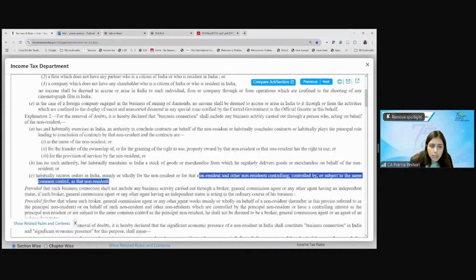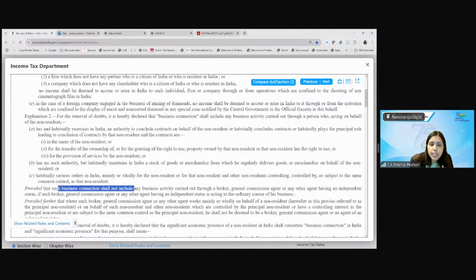Provided that such business connection shall not include any business activity carried out through a broker, general commission agent, or any other agent having an independent status, if such broker, general commission agent, or any other agent having an independent status is acting in the ordinary course of business. What does it mean?